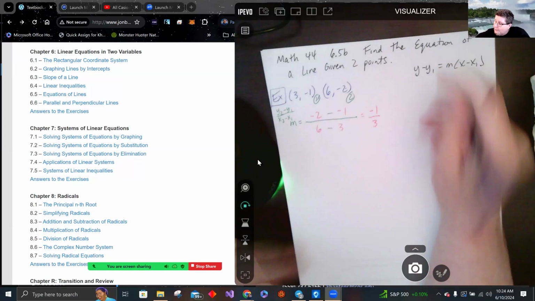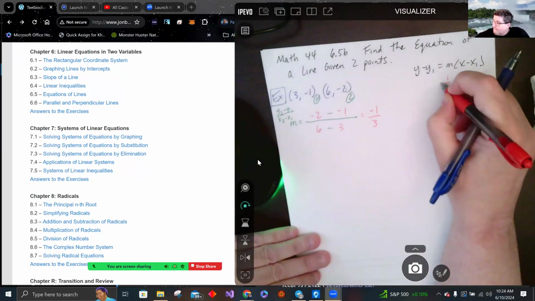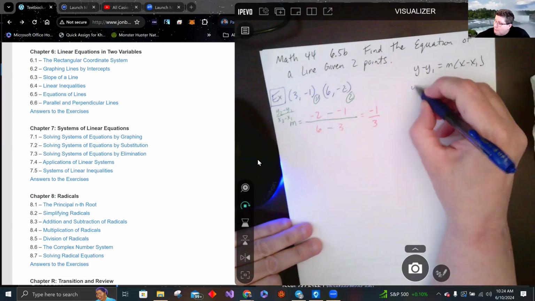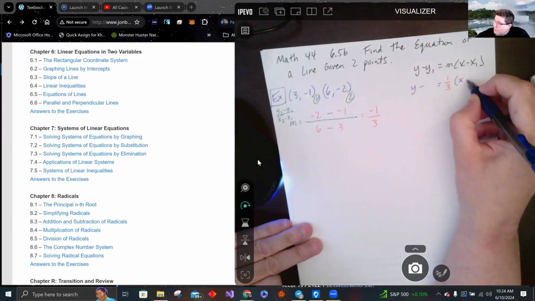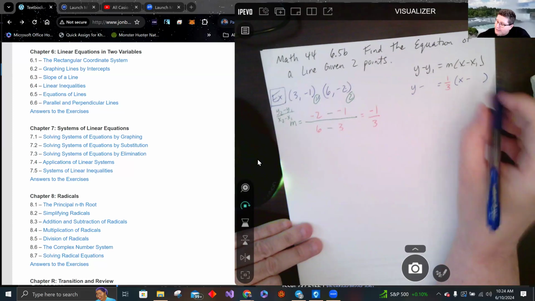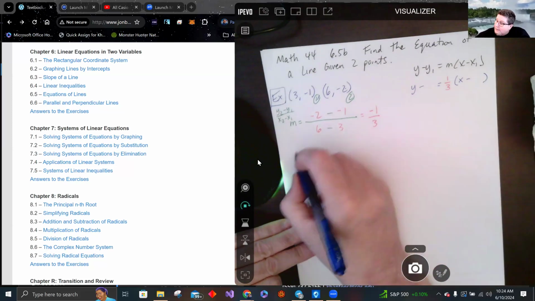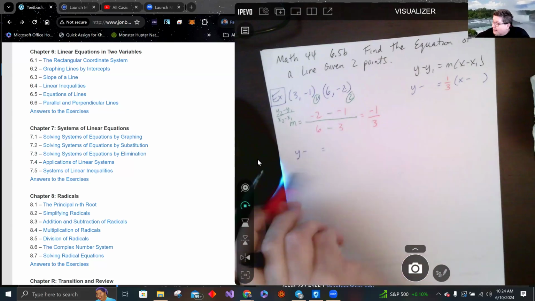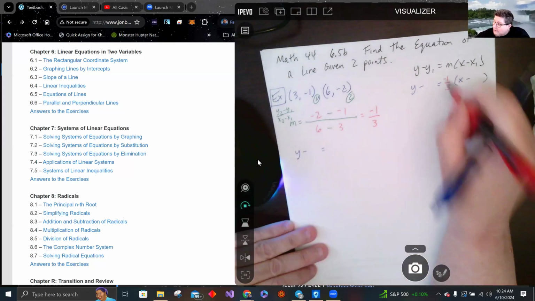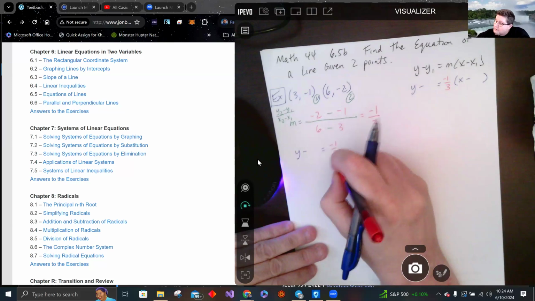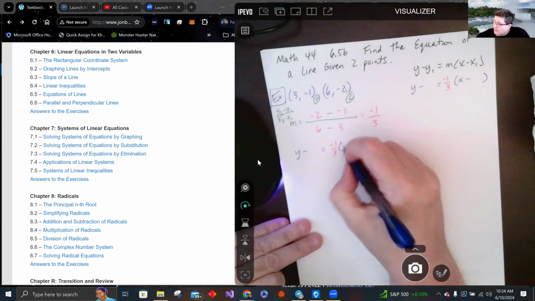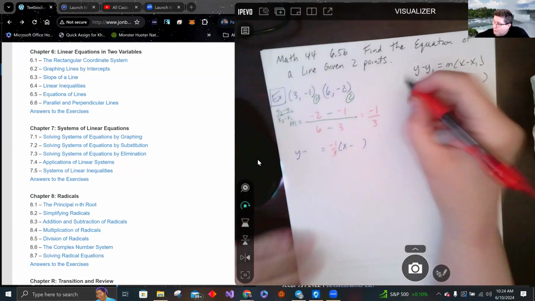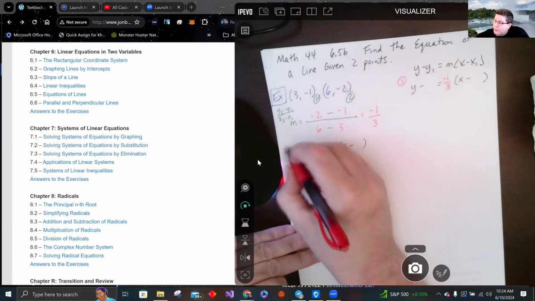We're going to take that and we're going to plug that in for m. And I will find the equation using either point. I want you to see that it works with either point. That should be a -1/3. So over here, I will use point 1, and here I will use point 2.